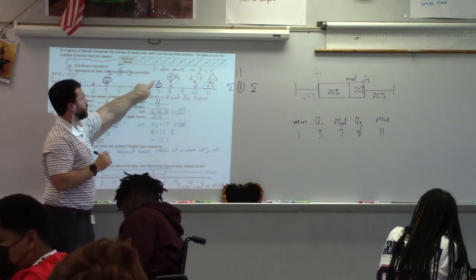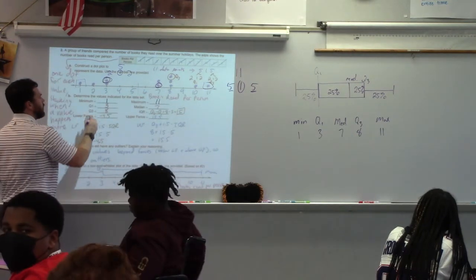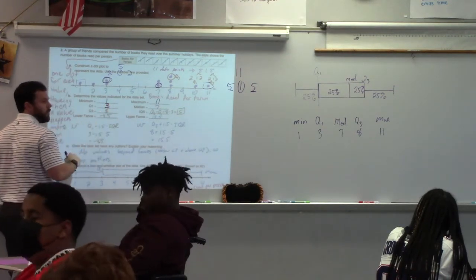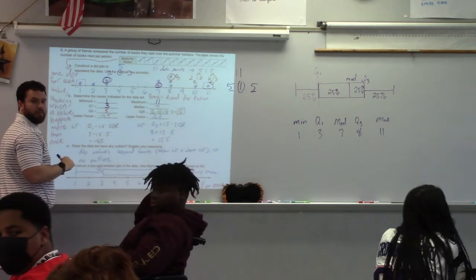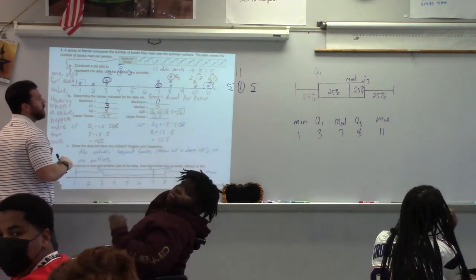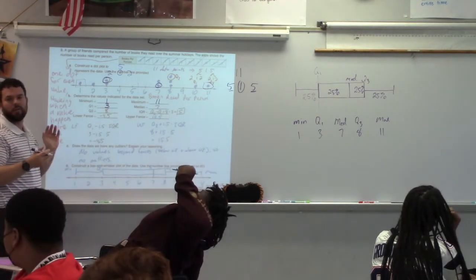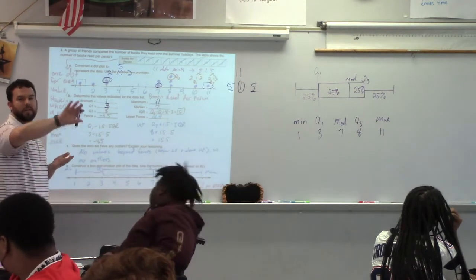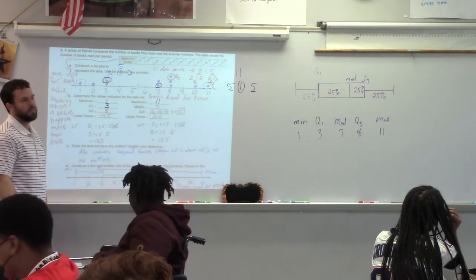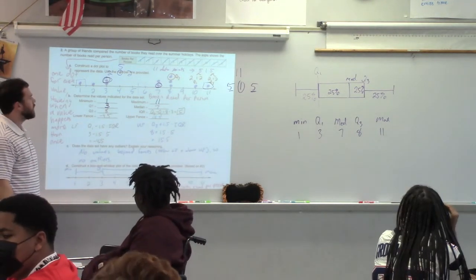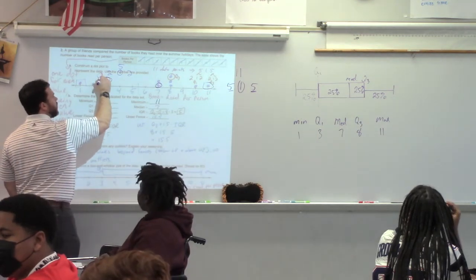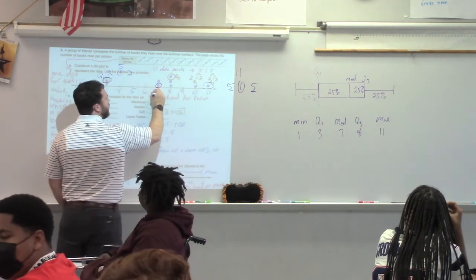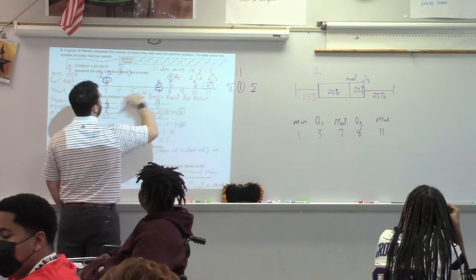Notice there's now 2 above it before the median. So Q1 is 3. And what does Q1 stand for? First quartile. Remember, it separates the bottom 25% of data from the top 75% of data. Because I'm identifying the quartile, Q1, median, and Q3.